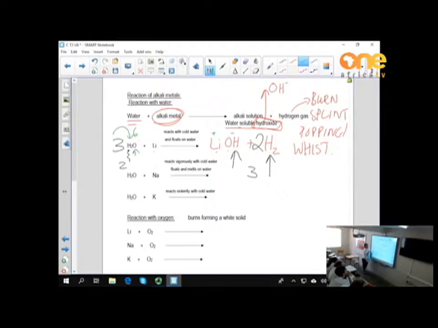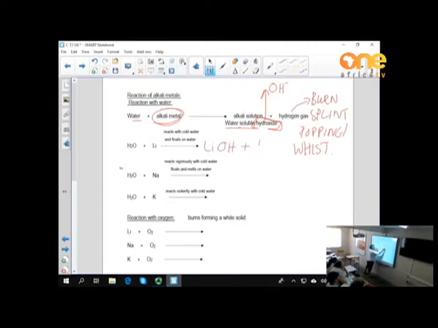3. So let's first do it again: we get lithium hydroxide plus hydrogen. We have to balance. 2 hydrogens, we have 1 and 2 hydrogens there. So on this side I have 3 hydrogens and on this side I have 2 hydrogens.